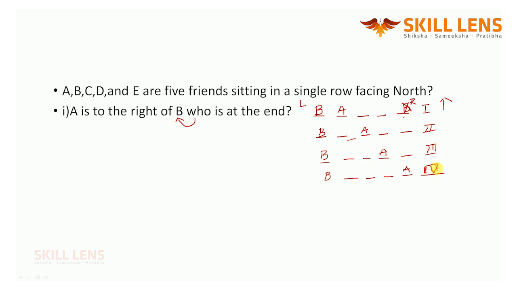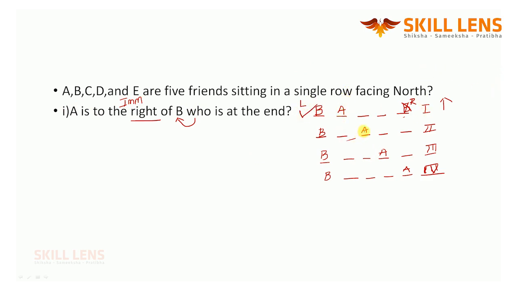So the point is this. Whenever you see the word right, it doesn't mean immediate right. In linear arrangement, right and immediate right are different. So this is the first learning point. And if I told you, in our last question, A is to the immediate right of B, who is at the end, then only this is going to be possible.